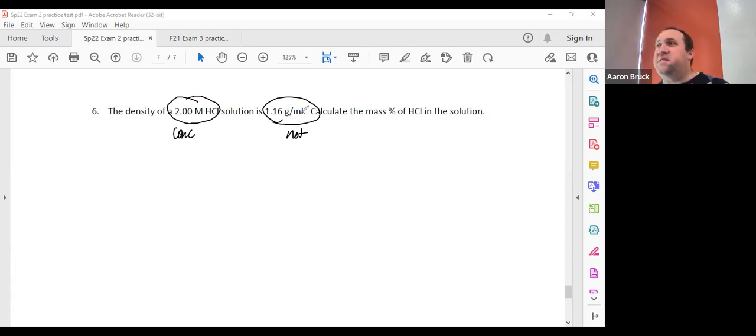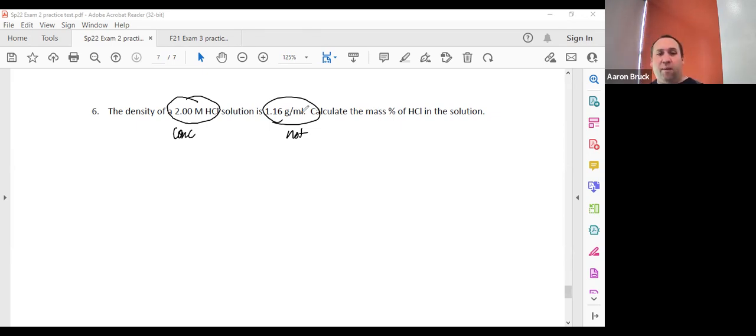I think the biggest mistake that more people made on Tuesday was confusing density for concentration and trying to turn that 1.16 grams per milliliter into moles per liter and completely forgetting about that 2 molar.